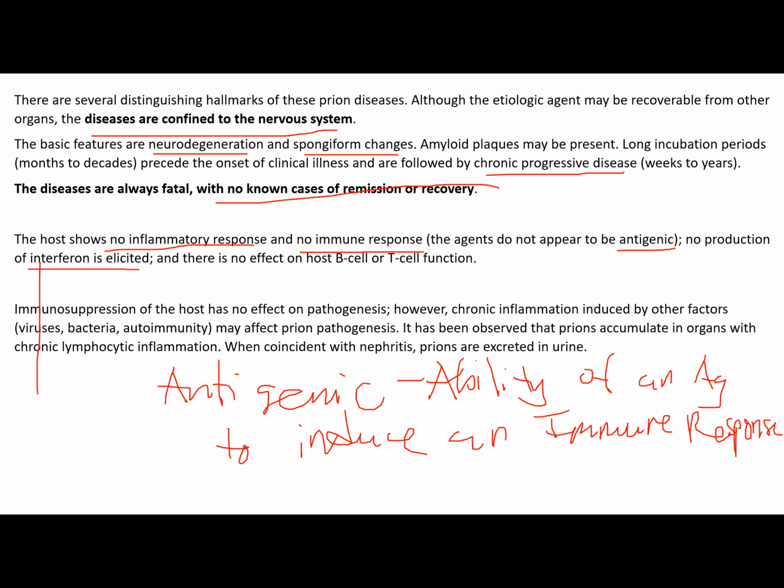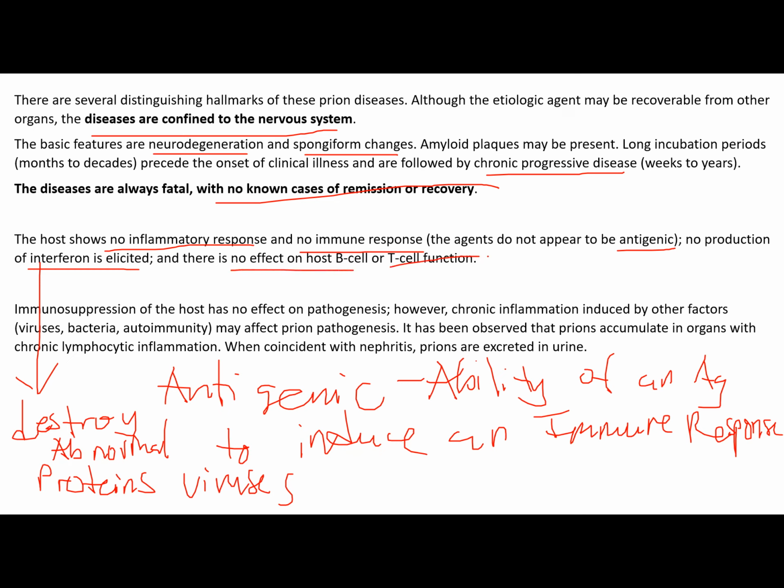Yung interferon nyo class, this is the one that would destroy abnormal proteins in the body, especially viruses. So if there's no interferon being produced by certain cells, it would not be able to destroy these prions and even viruses. There is also no effect on host B cell or T cell function.